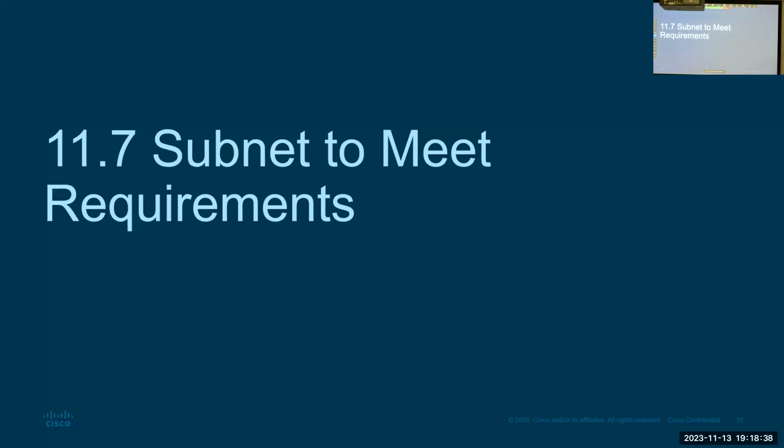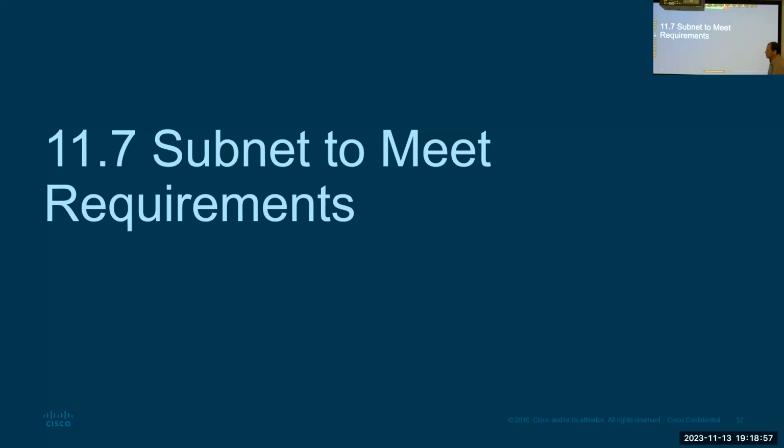If you start off with /16 and you need 8 subnets, then you add 3 bits to the subnet mask. Now you've got a /19 or 255.255.224.0 subnet mask.